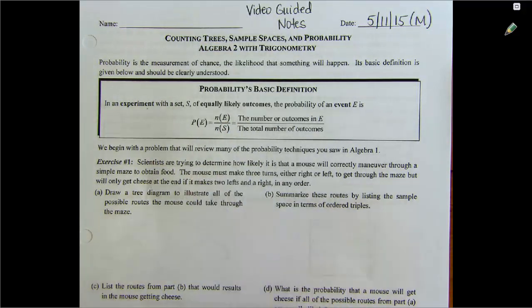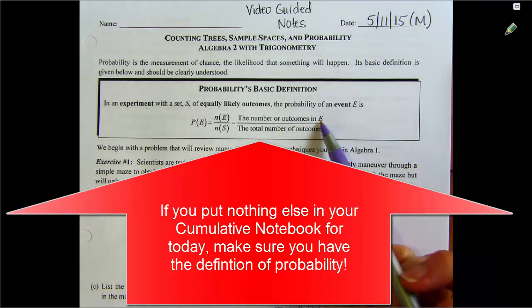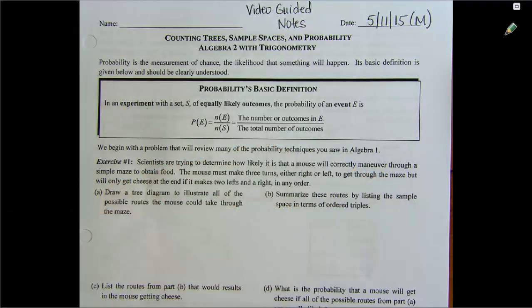So for example, if we had a basic dice problem, if I asked you what's the probability of rolling a die and it landing with a 2 up, the number of outcomes in E is 1. There's 1 two on a die, and the total number of outcomes is 6. There are 6 sides on a die. So that's what that basic probability definition means.